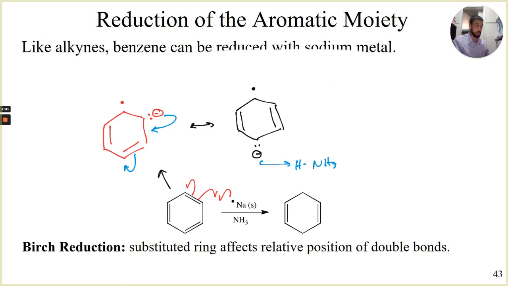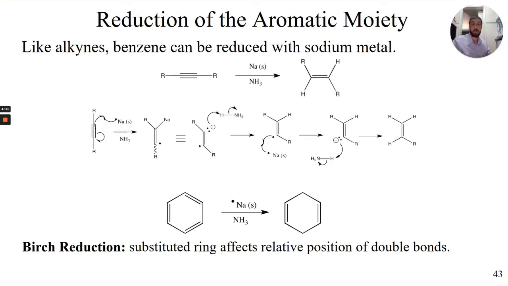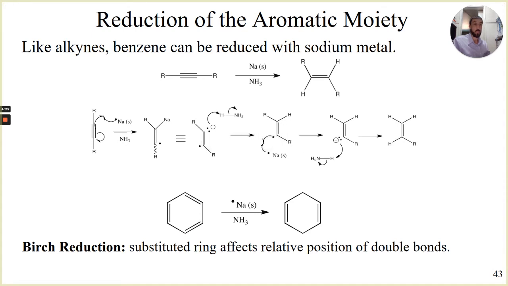Similar process as the alkyne reaction. The thing that's going to make this one a little bit more interesting is that when we're looking at benzenes, particularly benzenes out of EAS, we aren't looking at just benzene. We're concerned about a secondary group on it.